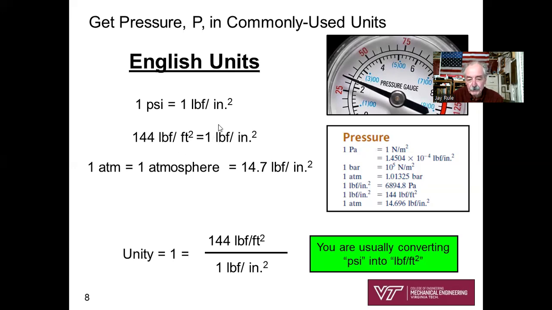If you have 1 pound force pressing down on 1 square inch, how much force would be pressing down on a square foot? You can do this in your head. You know that there's 12 inches to a foot, and so a square foot is going to have 144 square inches to it. And so therefore this pressure conversion in English, 144 pounds force per square foot equals 1 pound force per square inch, 1 PSI.